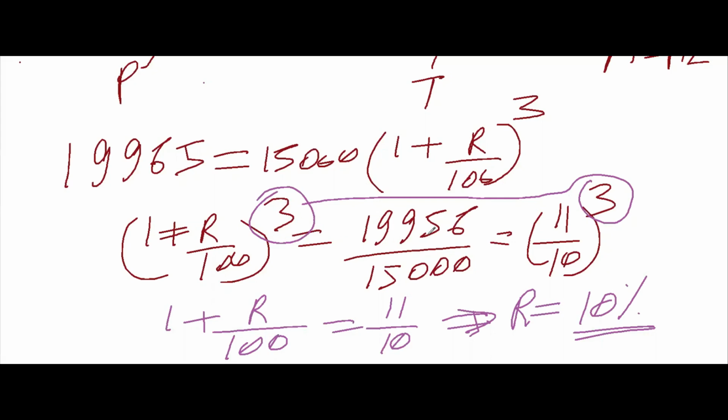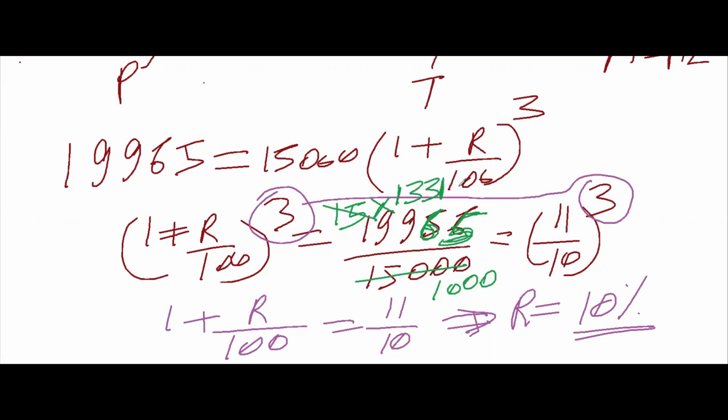Now 19965, the factor of this 19965 is 15 into 1331. I'm sorry, it is not 56, it is 65. Here 15,000 and here 15 will be cancelled.